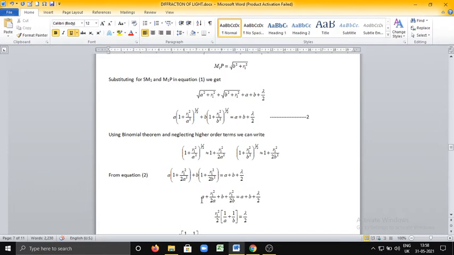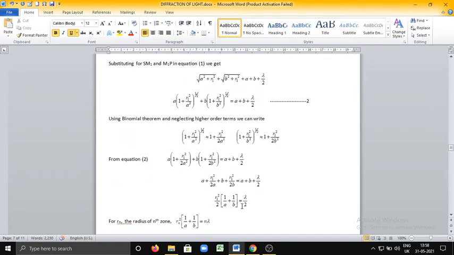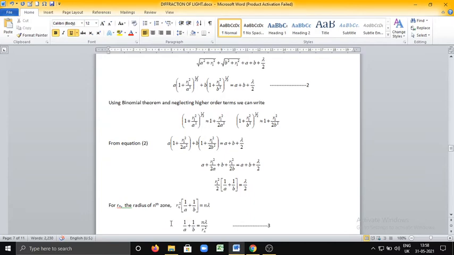A on LHS and RHS get cancelled. Similarly, b on LHS and RHS get cancelled. Take R1 square by 2 as common. Then it is 1 by a plus 1 by b is equal to lambda by 2. 2 get cancelled. For nth zone, we can write Rn square.